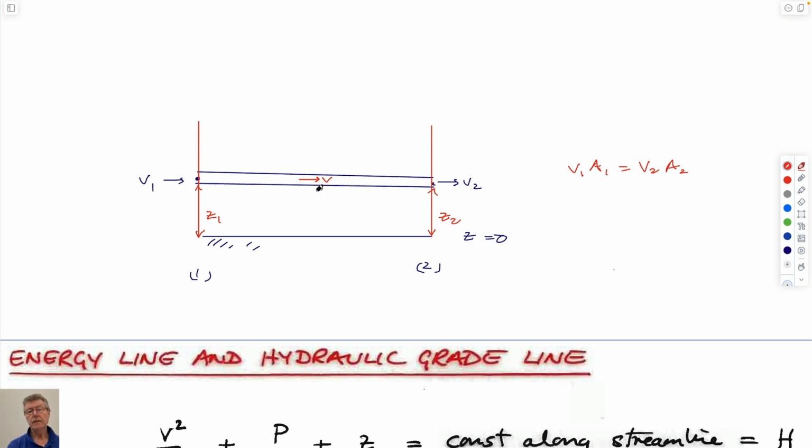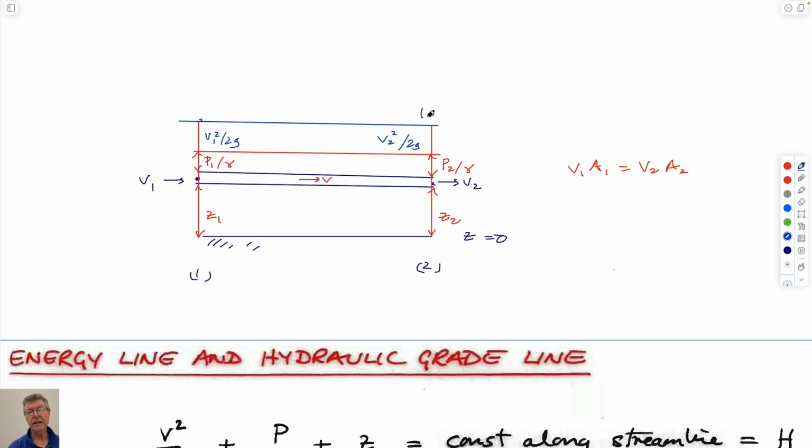And we know that the pressure in this is some magnitude. So I'm going to draw the pressure here as this and rationalize exactly what this is. So this is P1 over gamma. This is P2 over gamma. And I'm going to draw this line here. And this is going to be V1 squared over 2g. And this is going to be V2 squared over 2g.